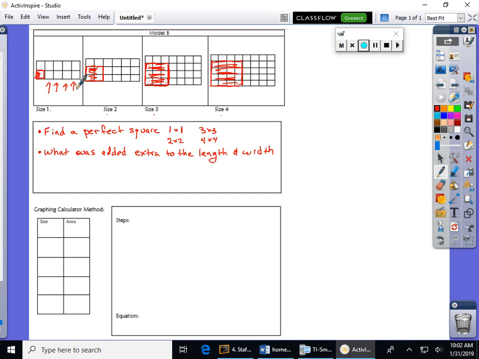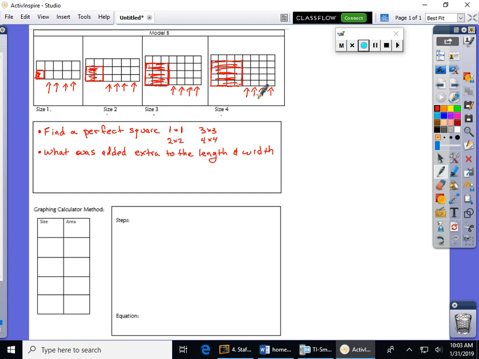And then look at size 1 and size 2, it's still 4 extra columns. So for all of the lengths, we had 4 extra columns here.